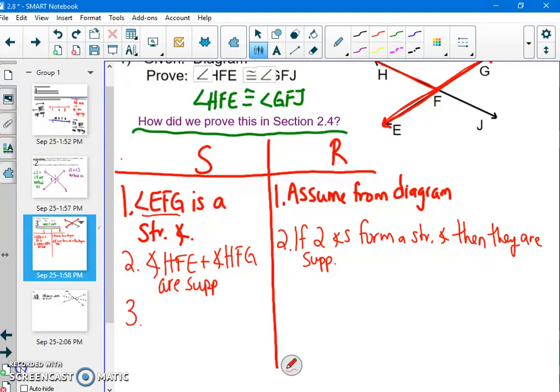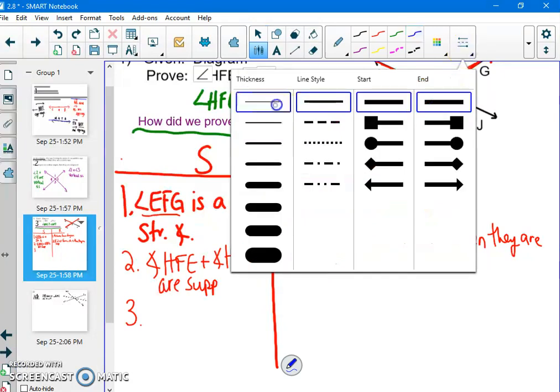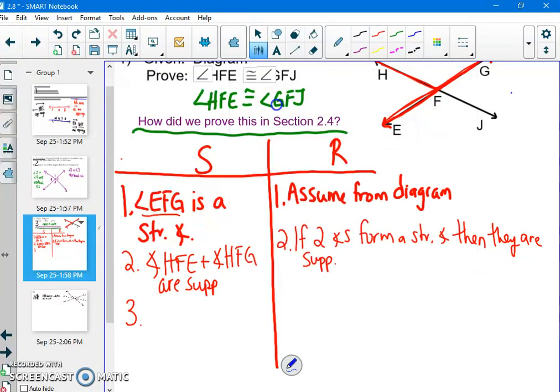Alright. Third, we can assume from the diagram that angle HFJ is a straight angle.